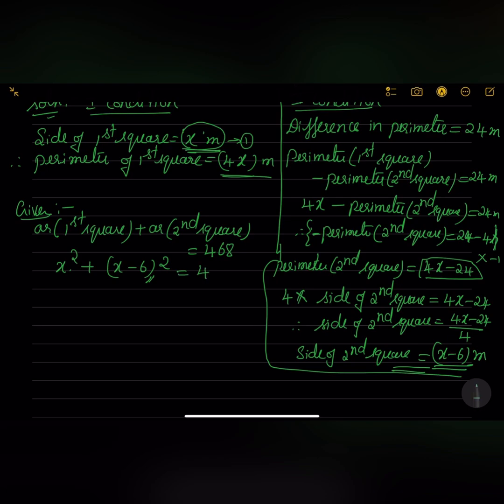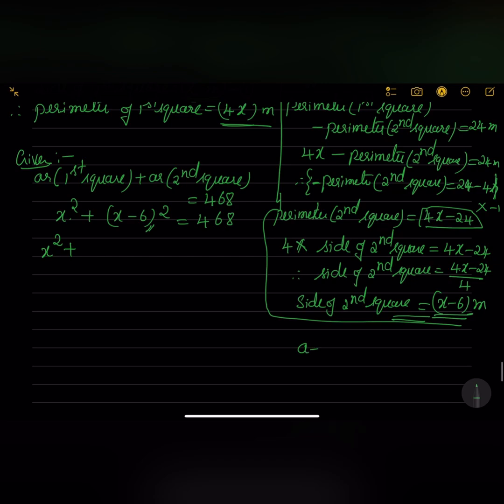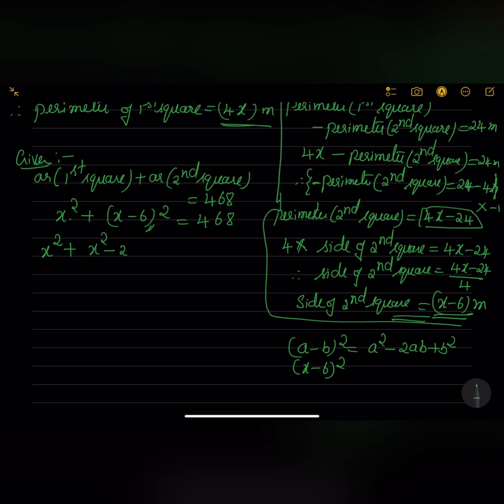It is 468. If we simplify this, x minus 6 whole square is in the form of a minus b whole square, so this is a square minus 2ab plus b square. We get x square minus 2 into x into 6 plus 6 square is equal to 468.